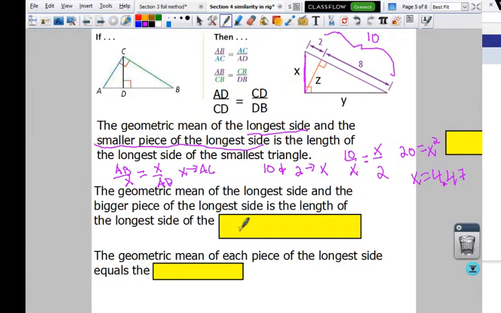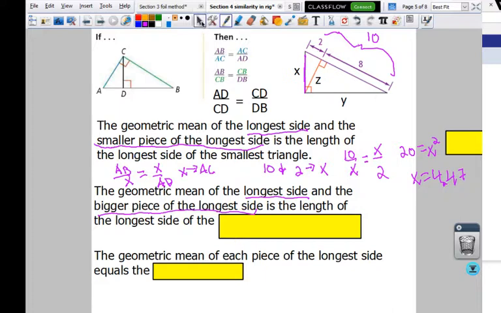Okay, so that was between the longest side and the smaller piece of the longest side. I can also look at the geometric mean of the longest side and the bigger piece of the longest side.